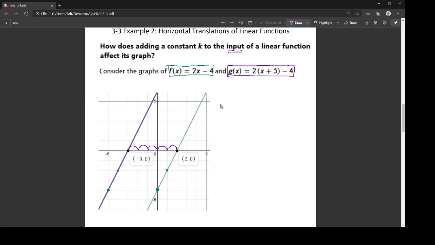So adding to the input, which is within the grouping symbols, translates the function left.